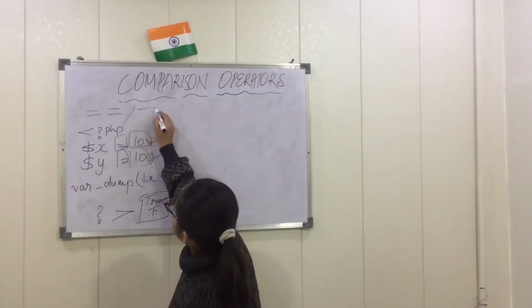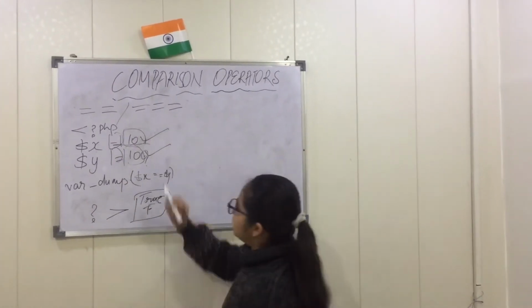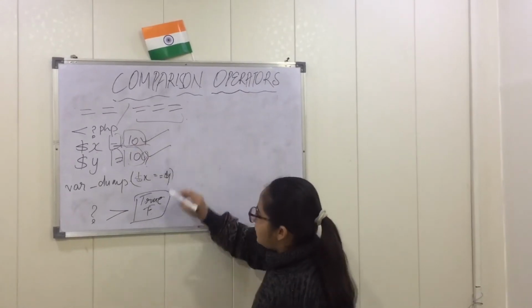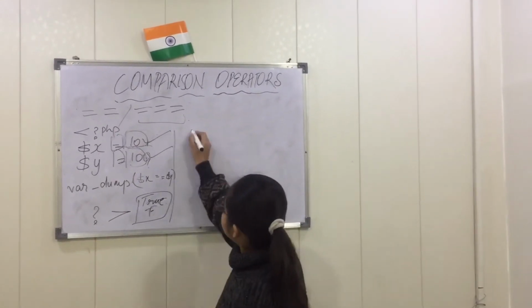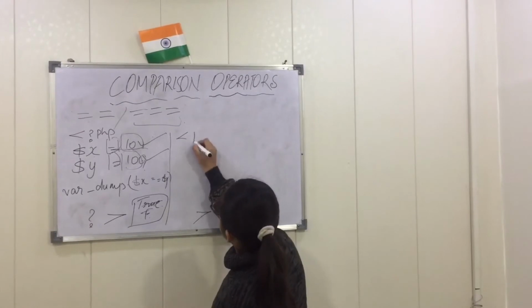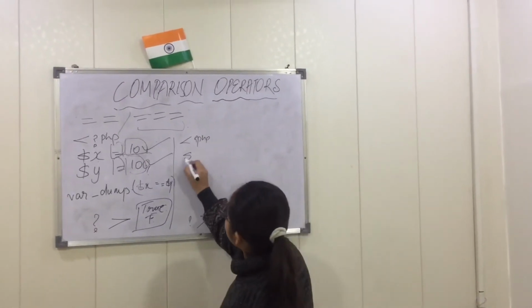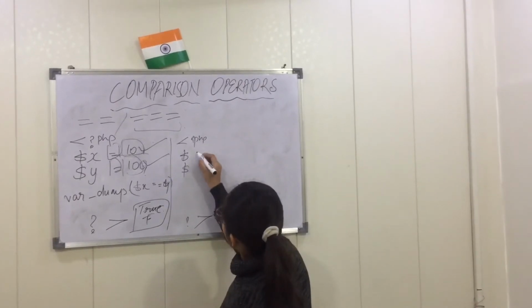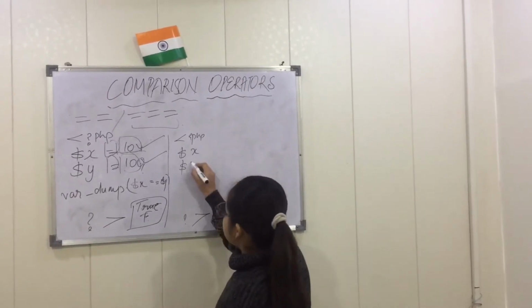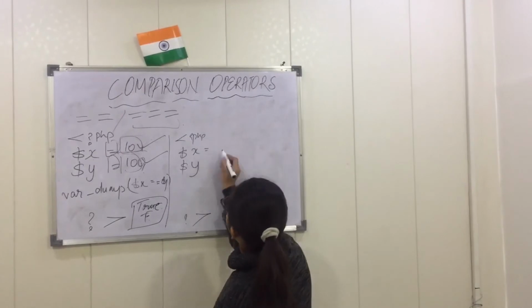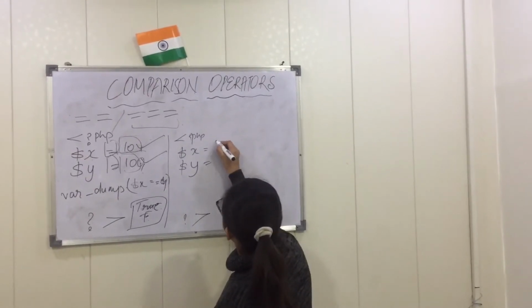The second one would be the triple equal. Three equals signs are generated here, and the syntax is the same: PHP tag start and close. In between, I am taking two variables, first x, second y. Now we will take the values.